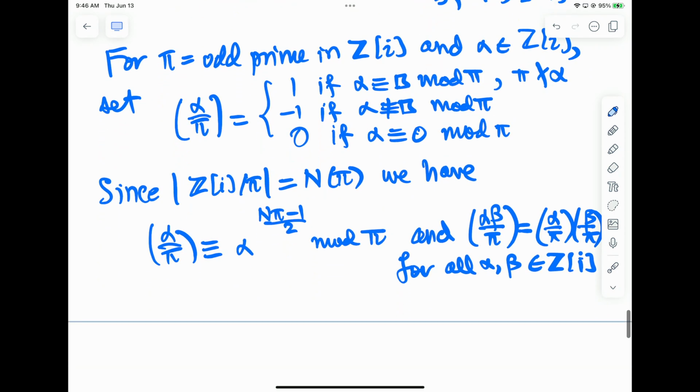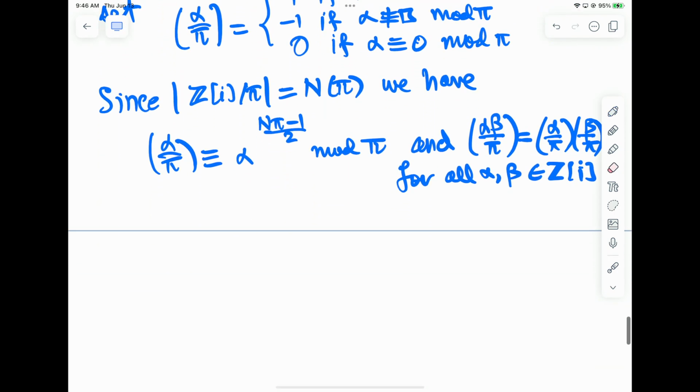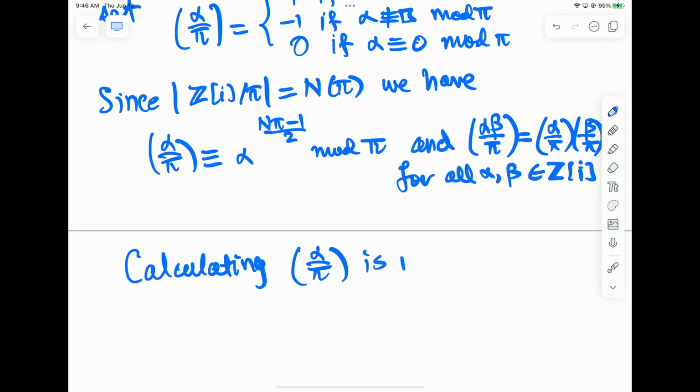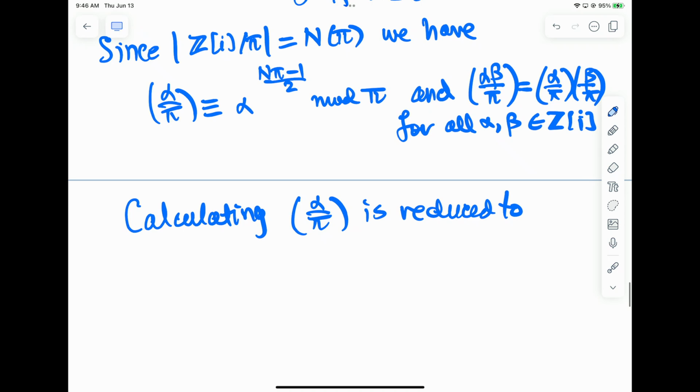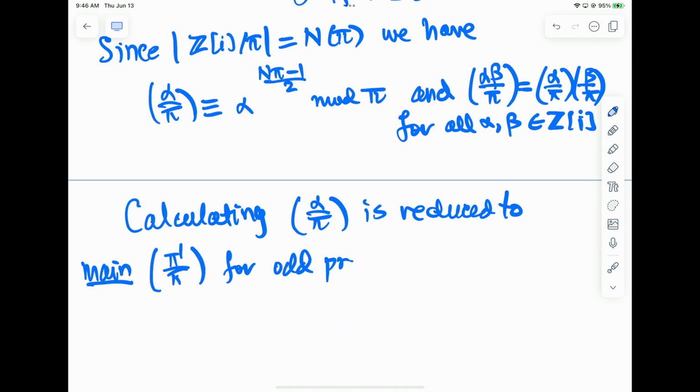And because of the multiplicativity, calculating a Legendre symbol in this setting is reduced to what you might call the main case, pi prime on pi, for odd primes pi and pi prime that are not unit multiples.